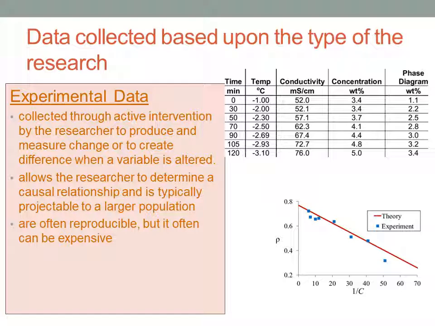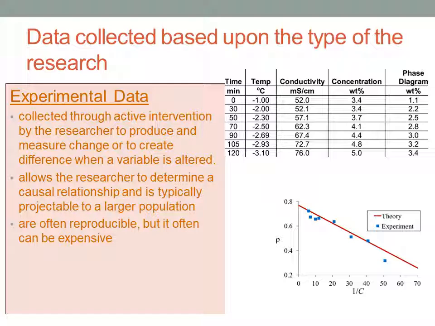This experimental data usually allows the researcher to determine a causal relationship, and it's typically projectable to a larger population by altering the variables. And usually when you talk about experimental data, they are often reproducible and also expensive.